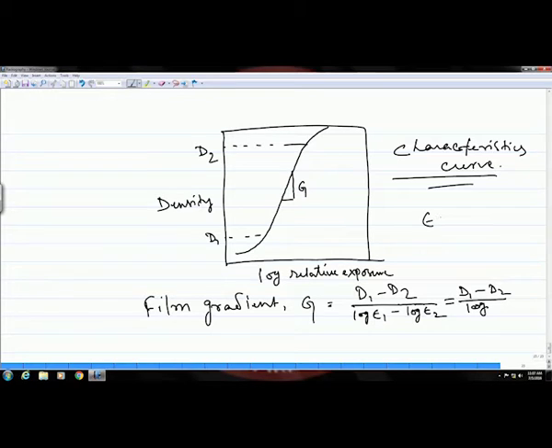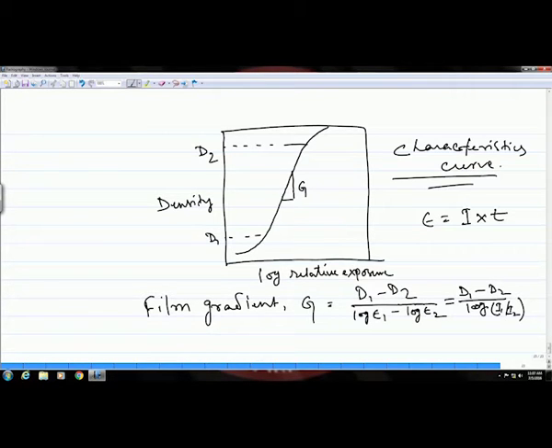And epsilon we have already defined as I times t. So, for the same time of exposure, this will be I 1 by I 2.